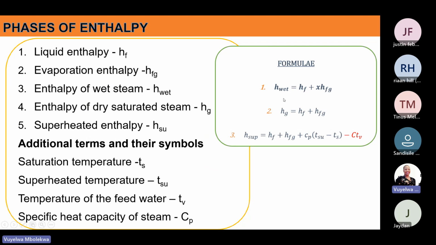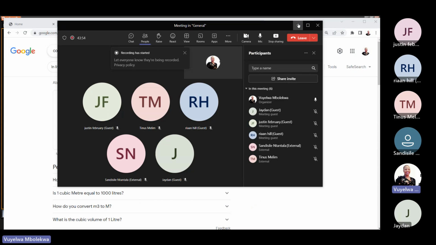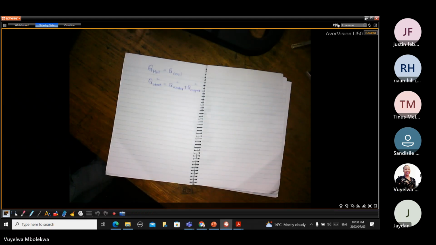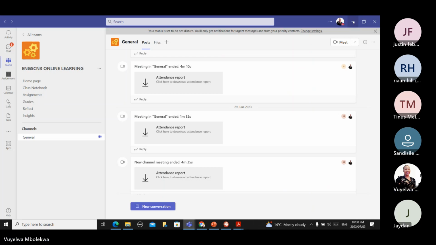So what they will do, they will give you pressure. You take that pressure, you go to the steam tables.